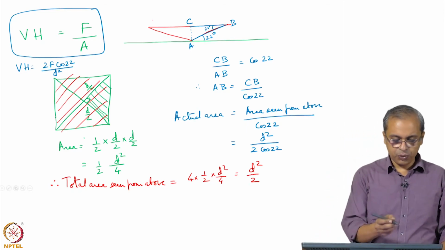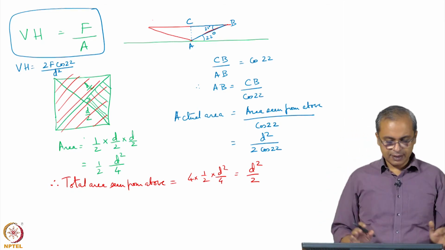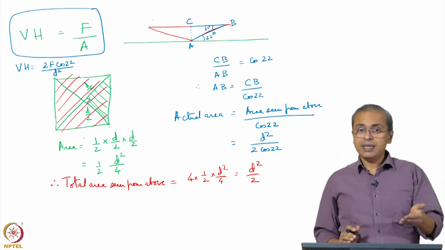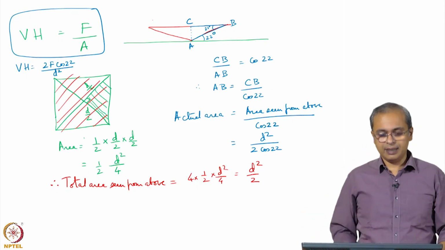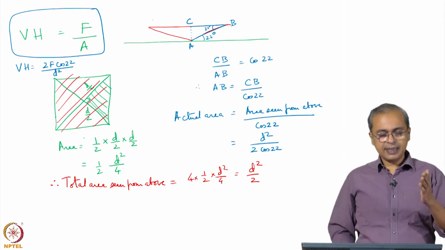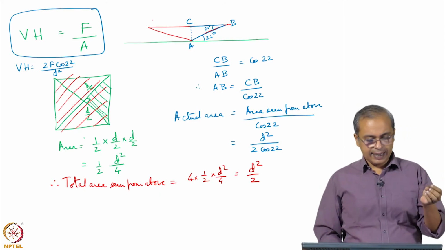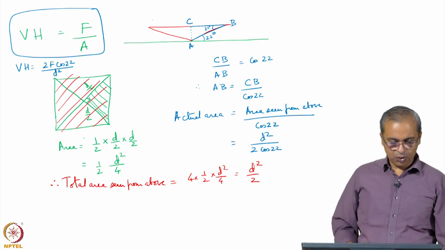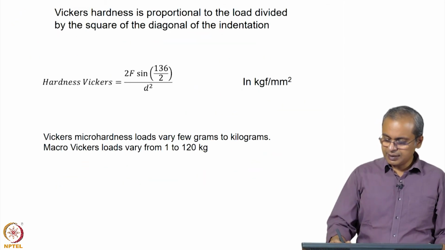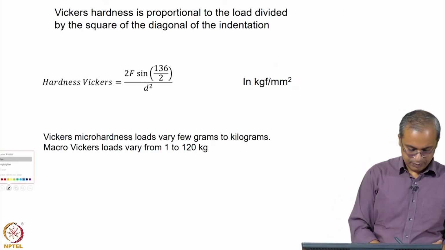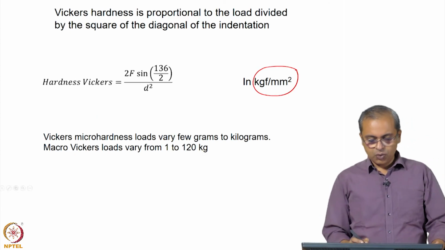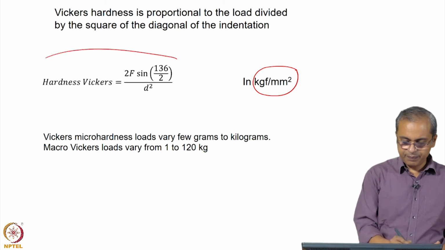So, if you rearrange it, you have 2f cos 22 by d square. So, this is Vickers hardness, and based on the units you use for force and for d, you can get Vickers hardness in different units. Typically, they use the force in kilogram force and the d in millimeter. So, you will have units which look not so very standard. The units you end up getting is kilogram force per millimeter square. So, this is the formula here.